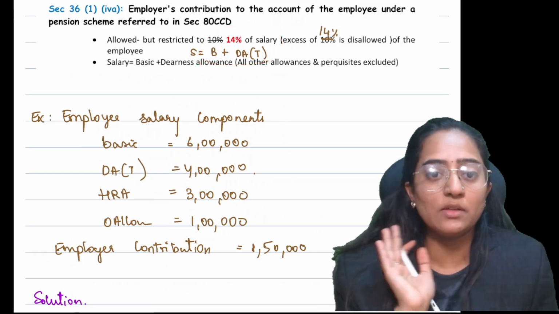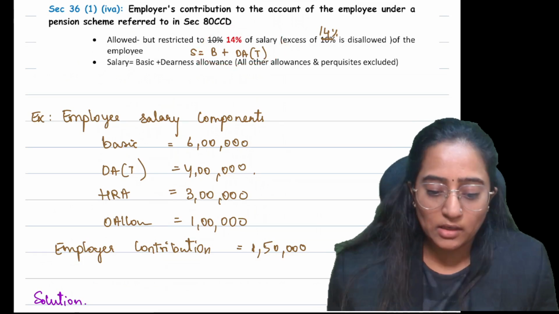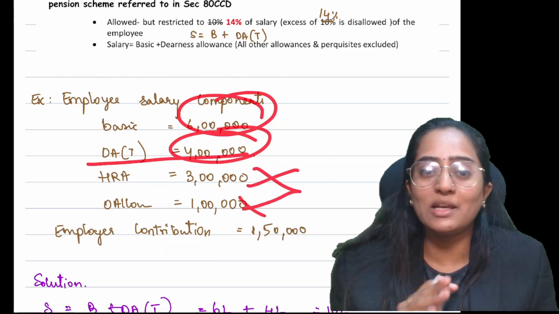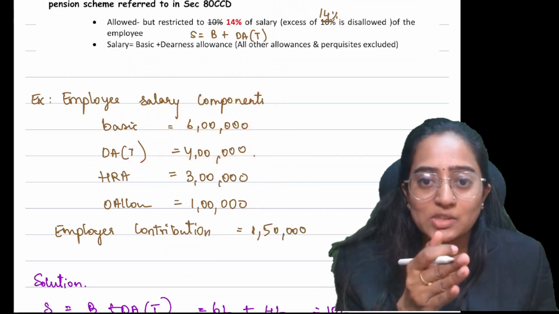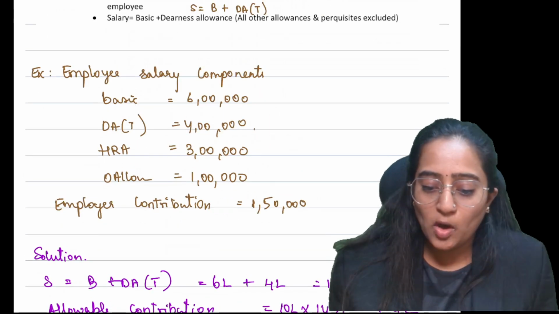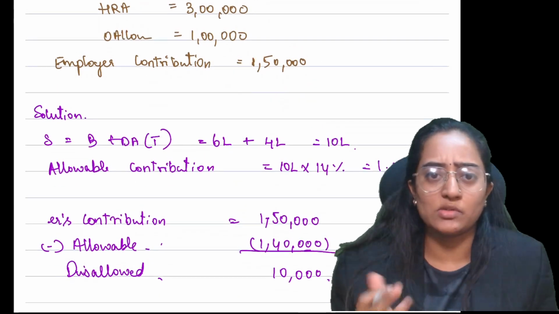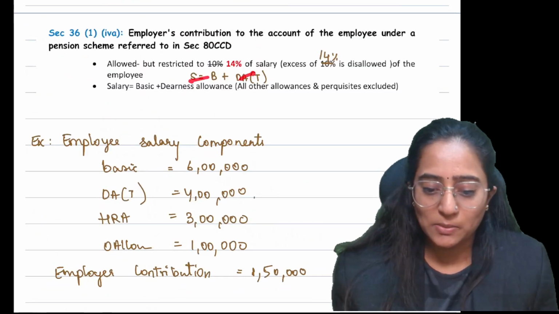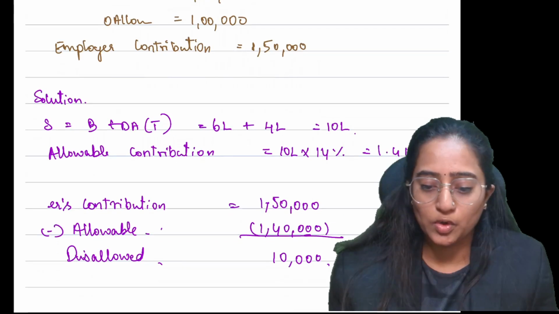On that, 14% we are going to allow as deduction. So it is only basic plus DA in terms; the other components are not considered under this definition for calculation purposes. Employer has contributed how much? 1,50,000. Very well. So salary for this purpose is basic plus DA in terms.